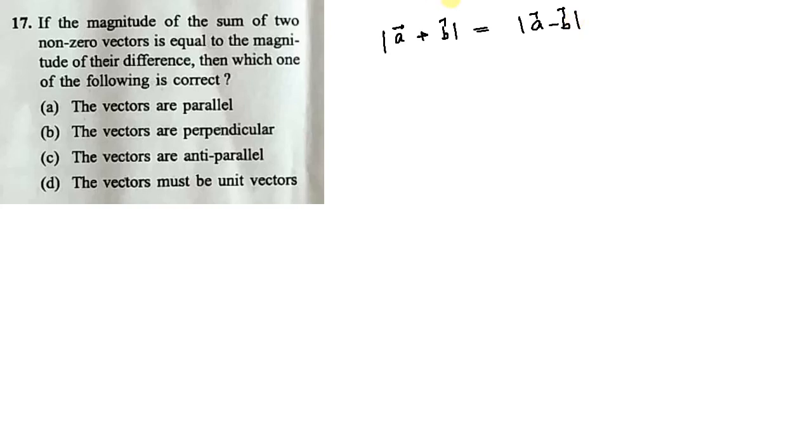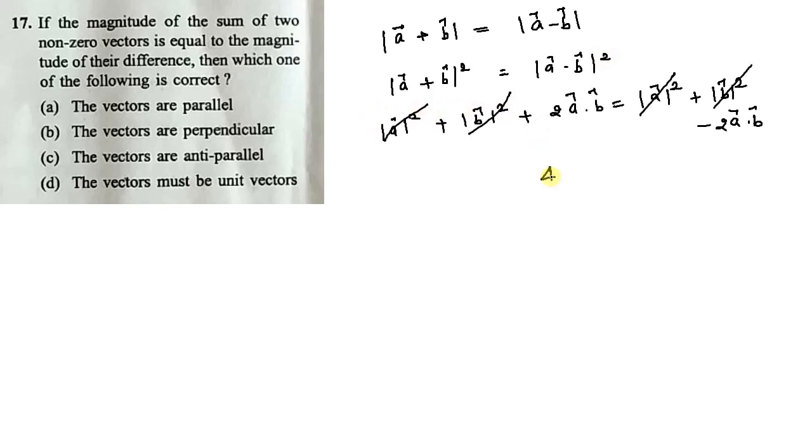Squaring both sides, we get (A vector plus B vector) square is equal to (A vector minus B vector) square. By solving these, 4 times A vector dot B vector is equal to 0. If A vector dot B vector is 0, meaning the dot product of two vectors is 0, then they are perpendicular to each other. So option B, the vectors are perpendicular to each other, is the correct answer.